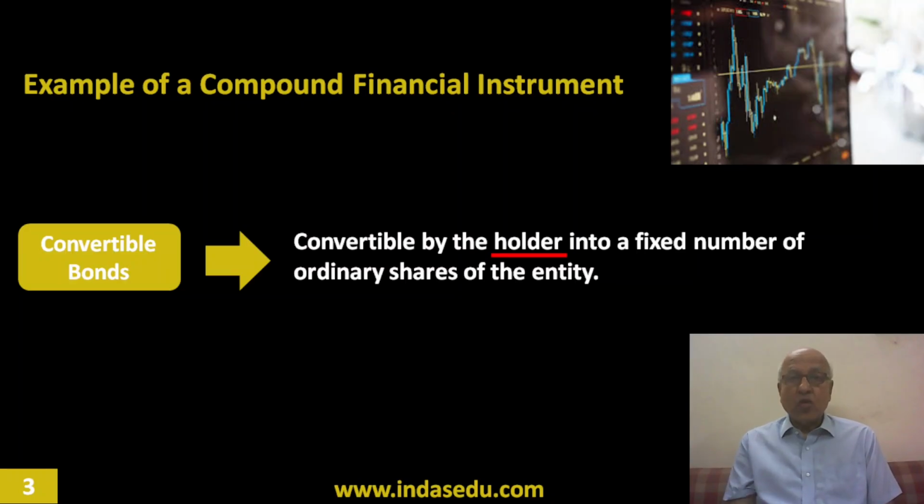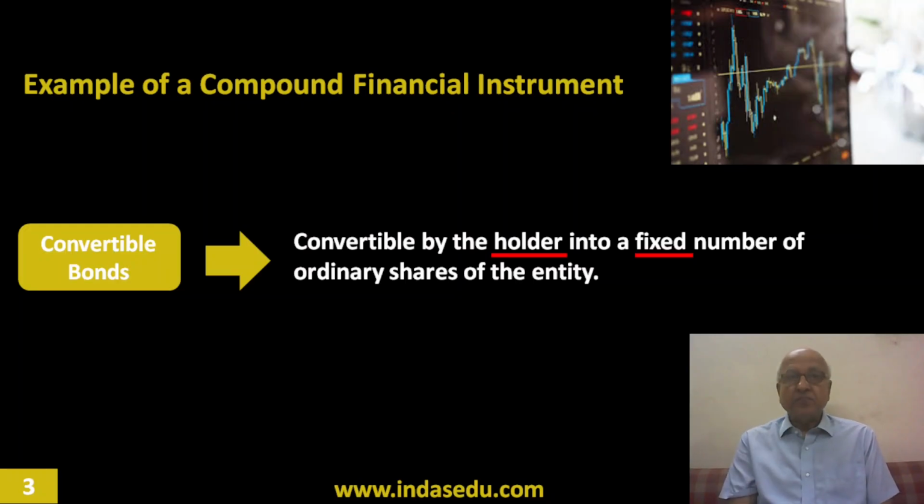If he wants to convert this liability into equity shares, he will have to relinquish the debt, and it will be converted into a fixed number of ordinary shares of the entity, not a variable number. That is a fixed number of ordinary shares for a fixed amount of money.